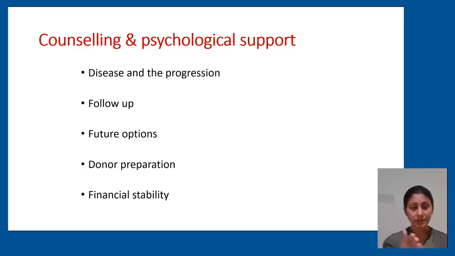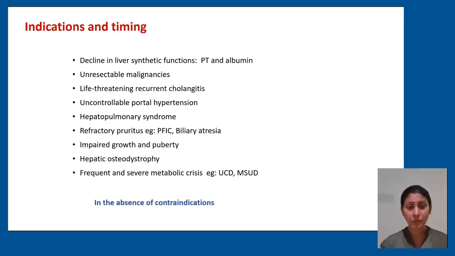Unresectable malignancies and life-threatening recurrent cholangitis, uncontrollable portal hypertension, hepatopulmonary syndrome itself without any other indication might become an indication for liver transplant. As I mentioned earlier, refractory pruritus is again an indication for liver transplant, and they'll be cured in regards to their pruritus.